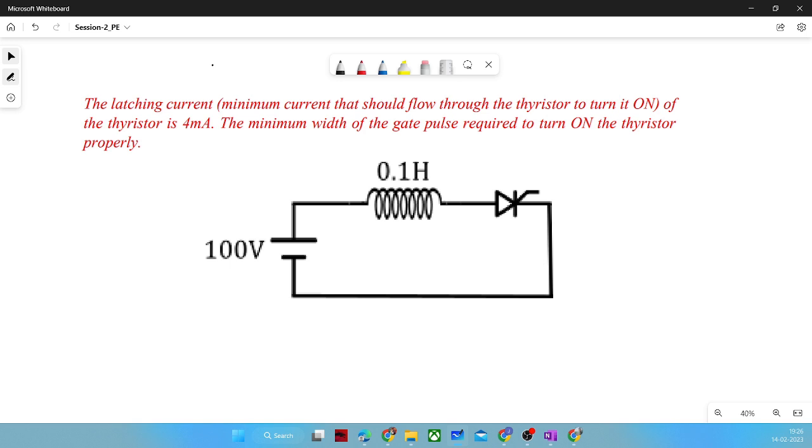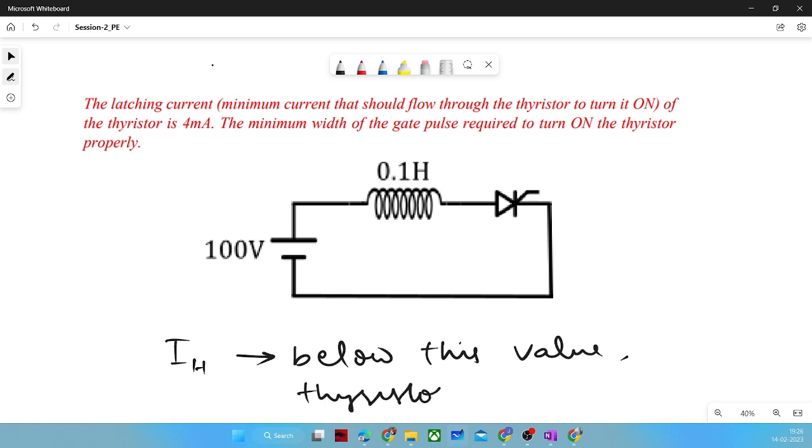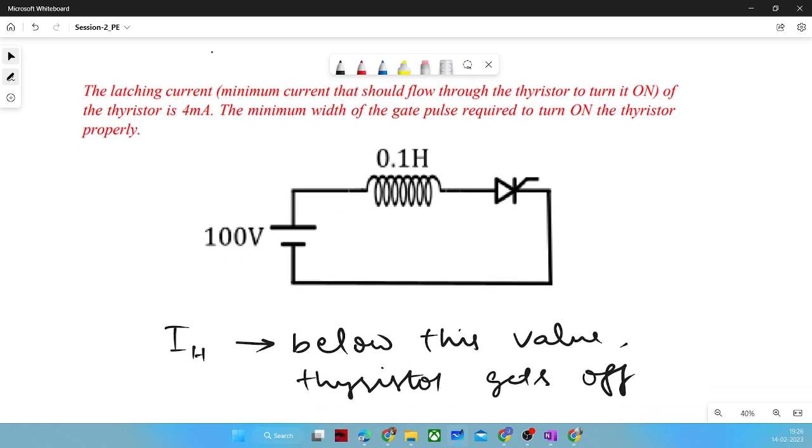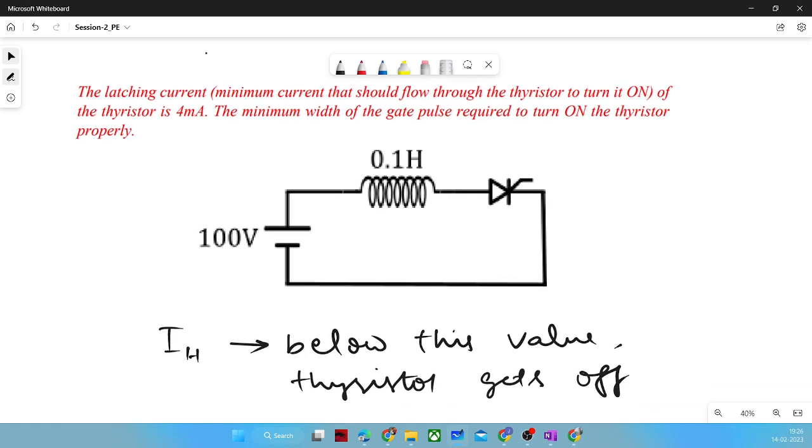We have to force the current so that it falls below the holding current; below this value the thyristor gets off. And latching current is the value at which the thyristor will be turned on.